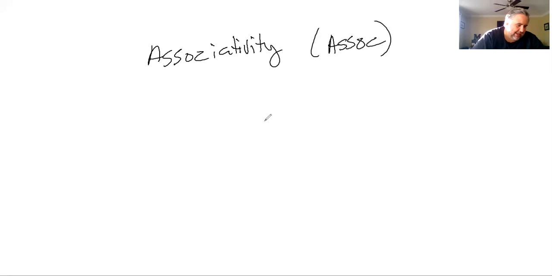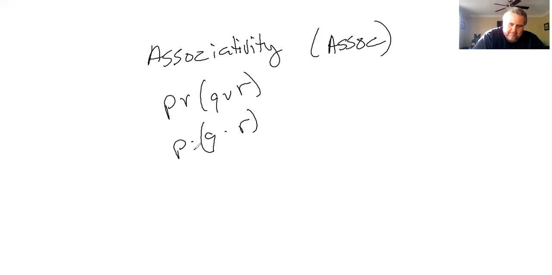Associativity, or sometimes we just put assoc, is the idea that if you have a longer one like P wedge Q wedge R, or P dot Q dot R, where the operator outside the parentheses and inside is the same, it's basically like 3 plus 2 plus 7.